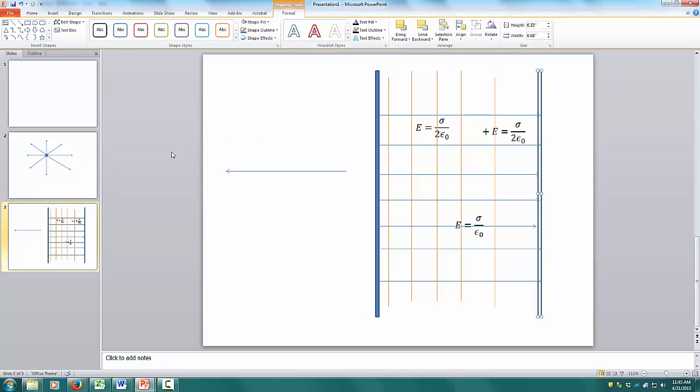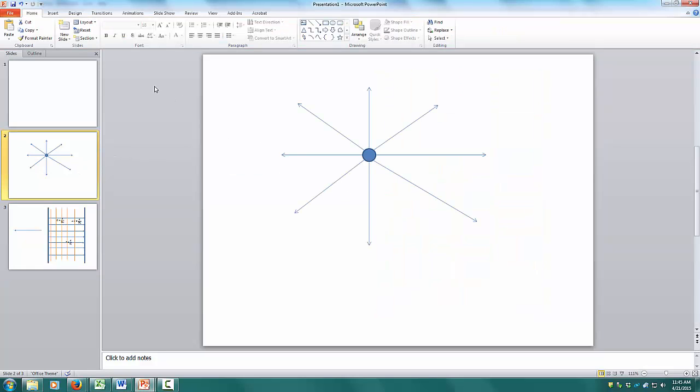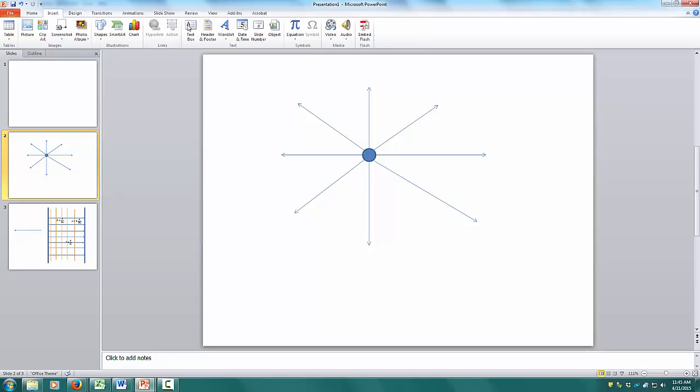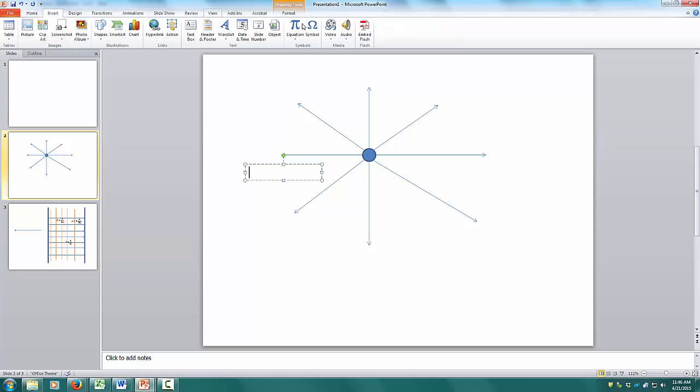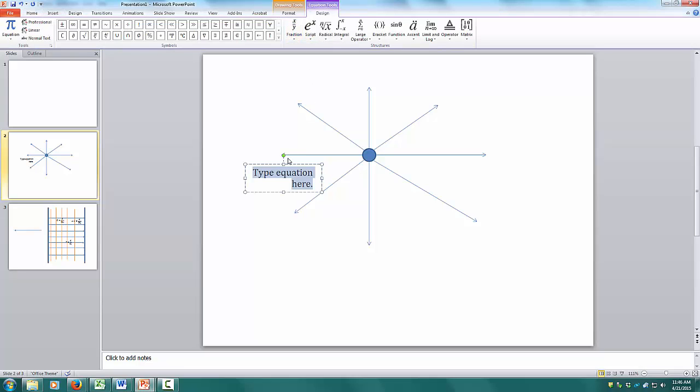If we have a point charge, going back to this case here, for a point charge the potential is given by the expression kq over r. I'll insert an equation in here too. Looks better.